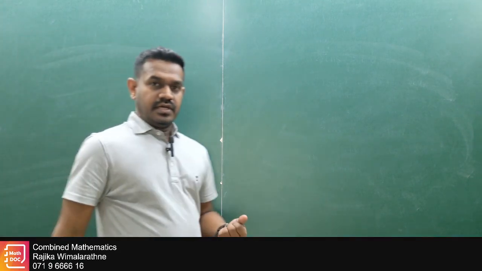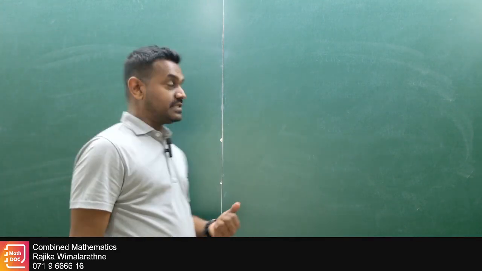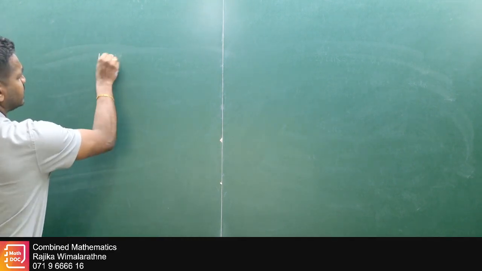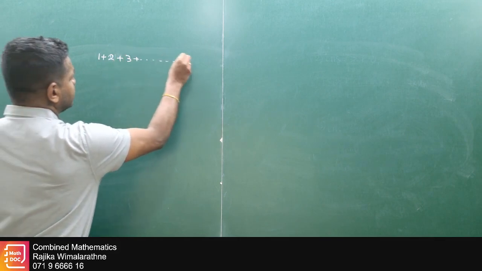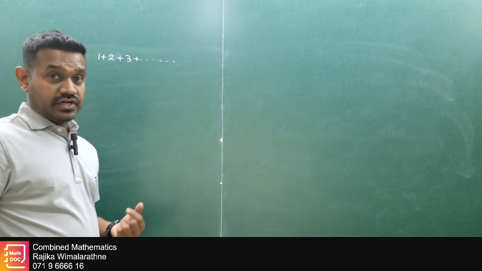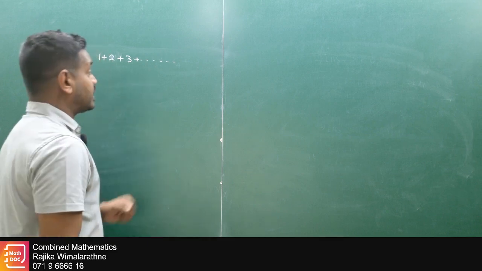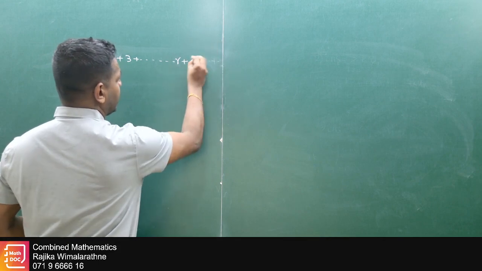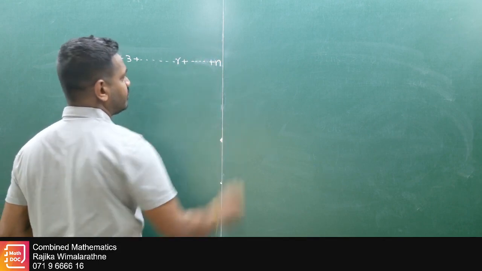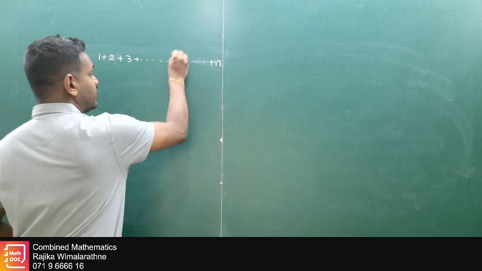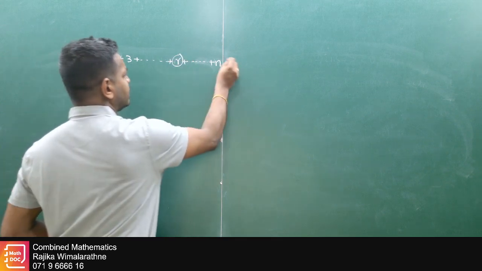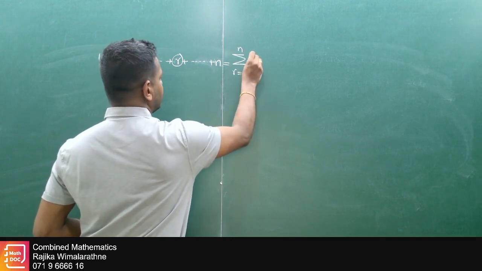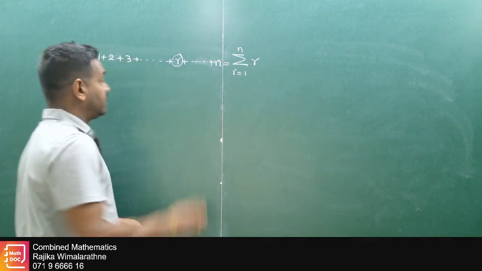Now consider 1 plus 2 plus 3, a series like that. According to the pattern, we can write the general term r up to some n number of terms. Then this is ur, and you can write sigma r equal 1 to n of r.